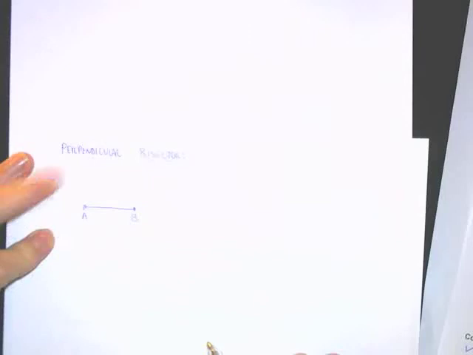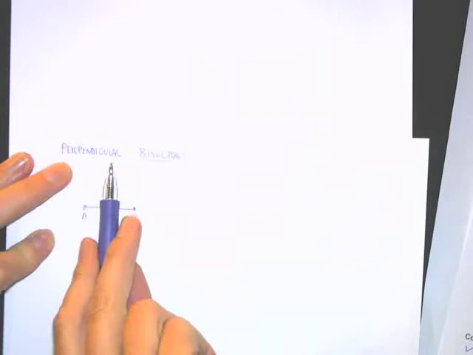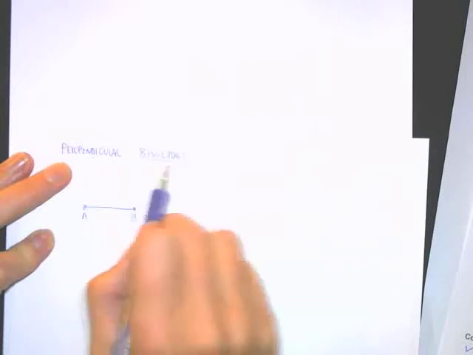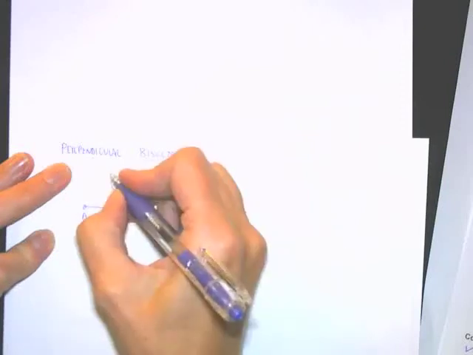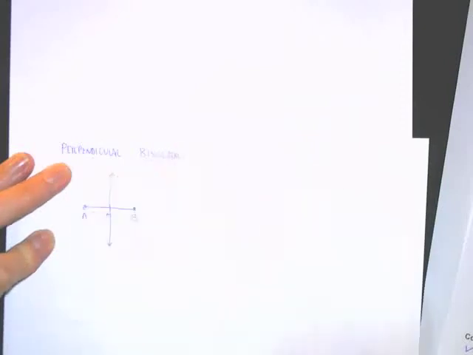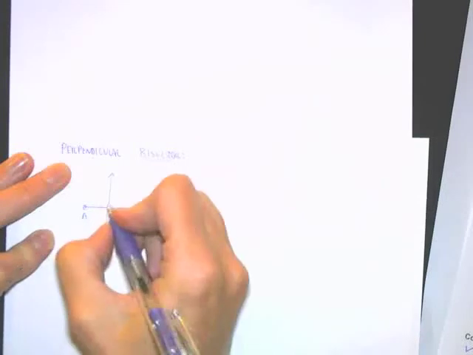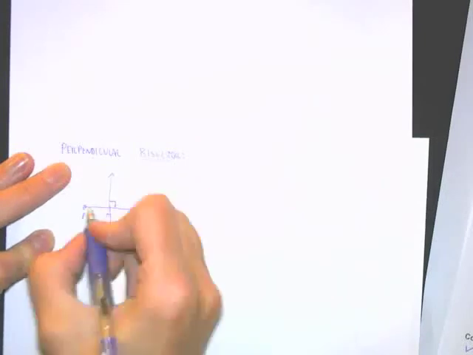The first is that it is perpendicular to this segment. It forms a 90-degree angle with this segment. The second is that it's a bisector. A bisector divides this line in half, so it's going to pass through the midpoint. So a perpendicular bisector would look like this. It would have two characteristics. It would be perpendicular to segment AB, and it would bisect it in half.